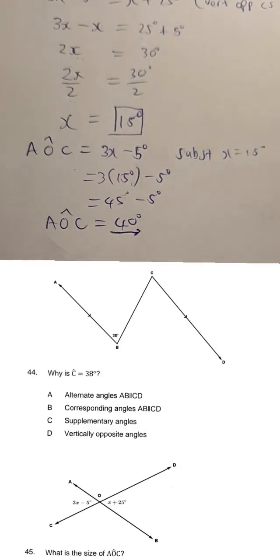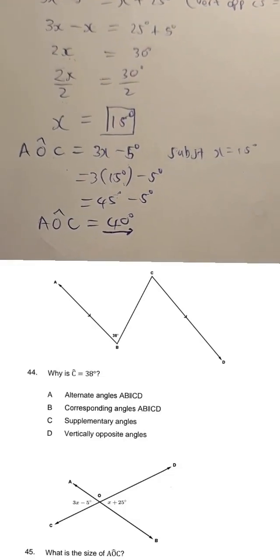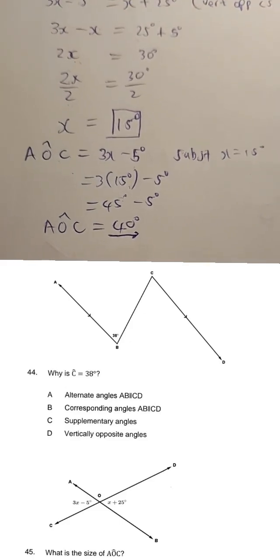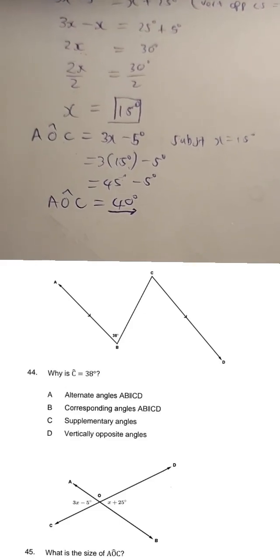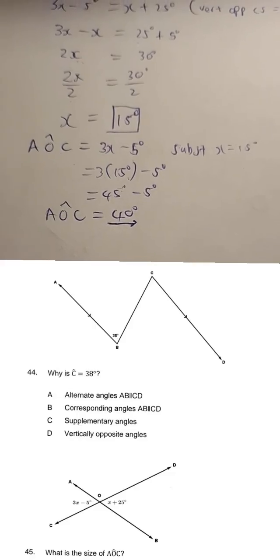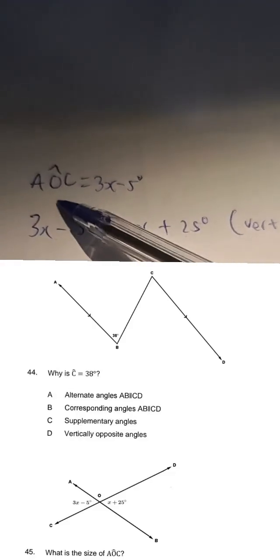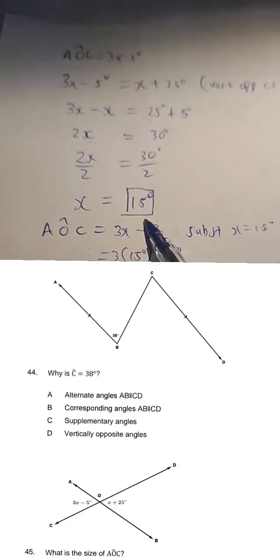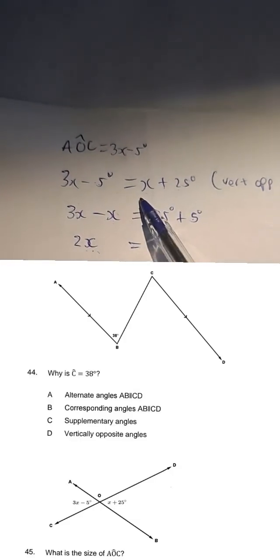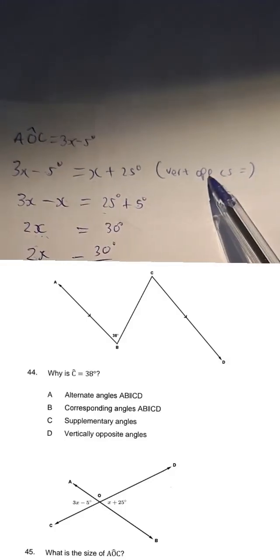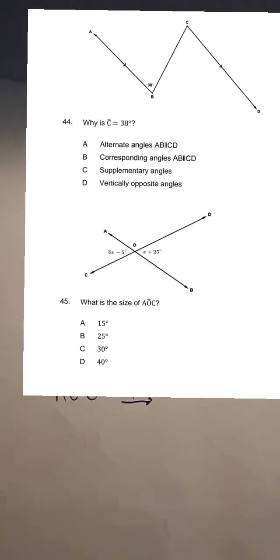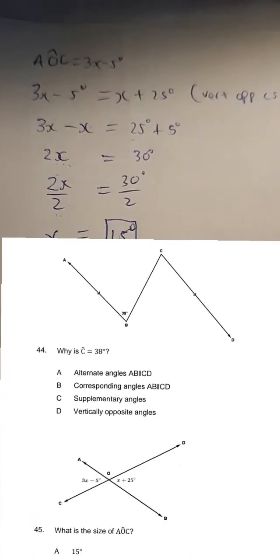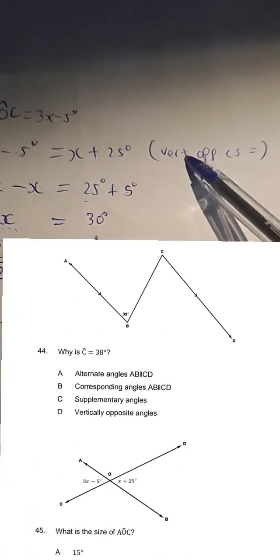Okay, guys, angle AOC, 40 degrees. See, that was so smooth. We know angle AOC in terms of x is 3x minus 5 degrees, but after finding the value of x using vertically opposite angles, because of the relationship that we saw between 3x minus 5 and x plus 25 degrees, we set up our equation and gave our reason.